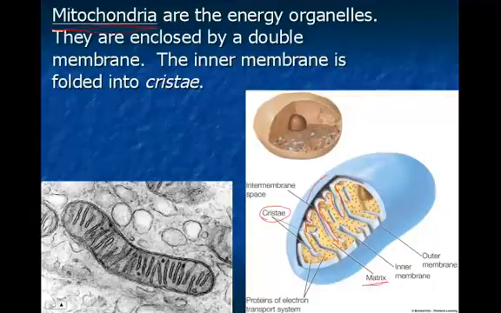So this area that's all inside here, inside that inner membrane, is called the matrix. And then the area that's between the inner membrane and this outer membrane is what we call the intermembrane space. That's right here. So again, this would be between the inner membrane and the outer membrane.